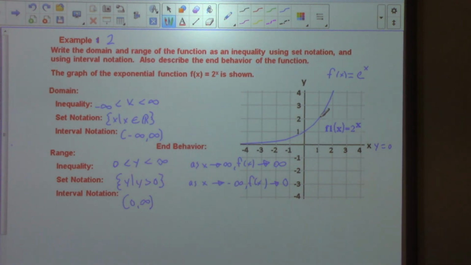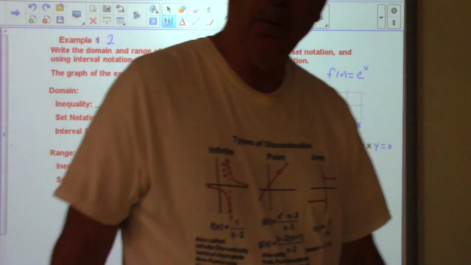On my discontinuities t-shirt, I happen to have drawn a function that has a vertical asymptote and a horizontal asymptote. And I will show this to my viewers.